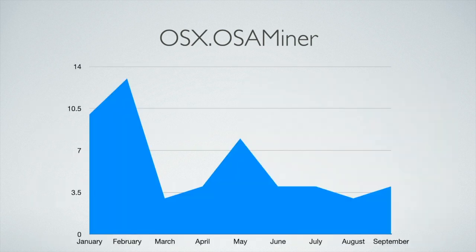This one we've been seeing some fairly constant detections at a fairly low level. They peaked a little higher back around the time that it was new. But as you can see, we're still seeing a few here and there every month, but not huge numbers at all by any means.